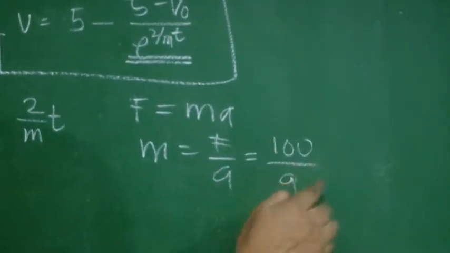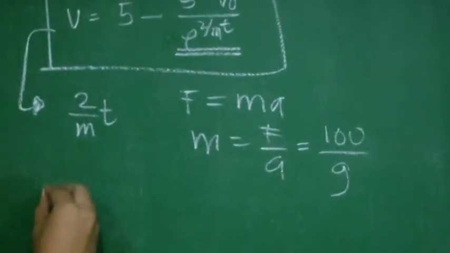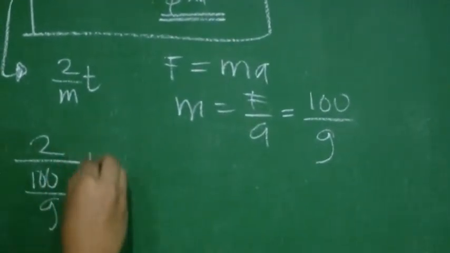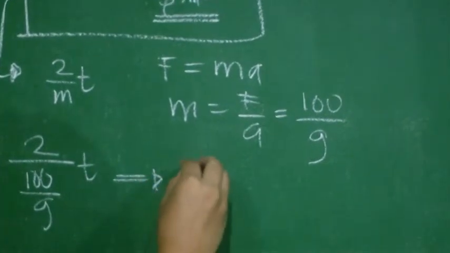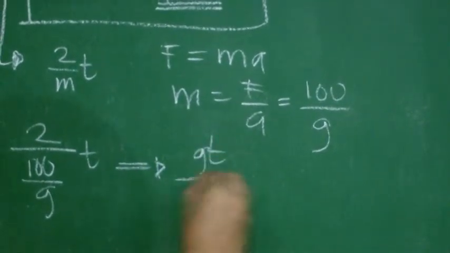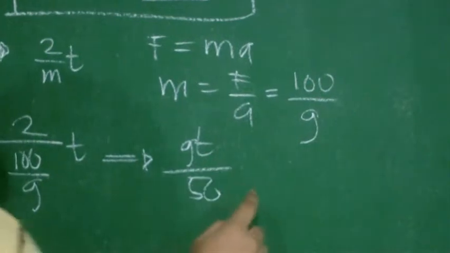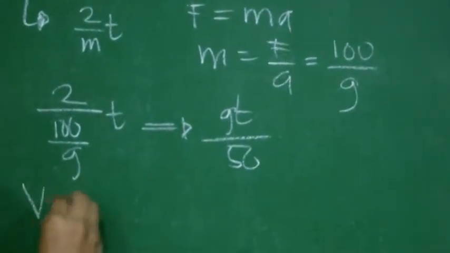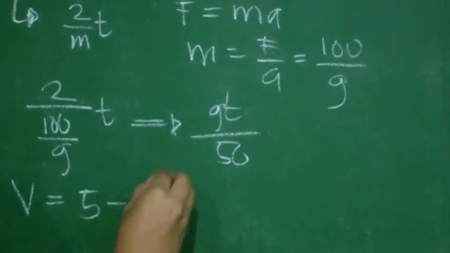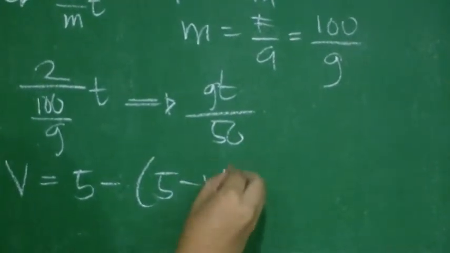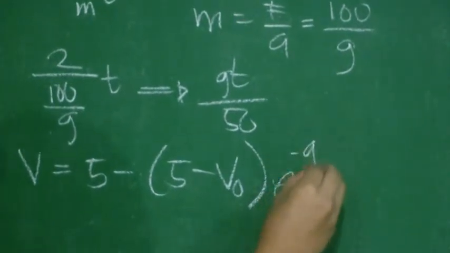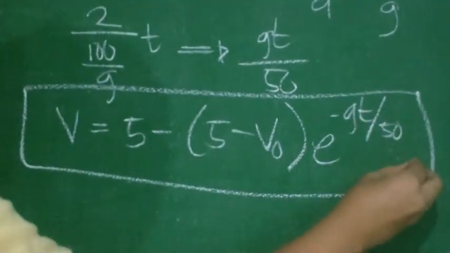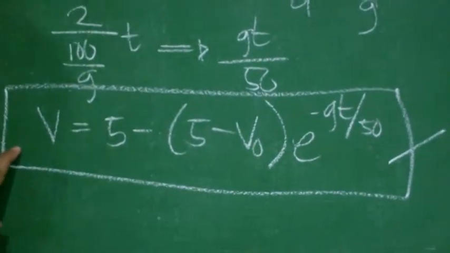Substituting this here, we have 2 over 100 over g times t, giving us gt over 50. Now, substituting this to e, we have v is equal to 5 minus V0 times e to the negative gt over 50. The final equation for velocity.